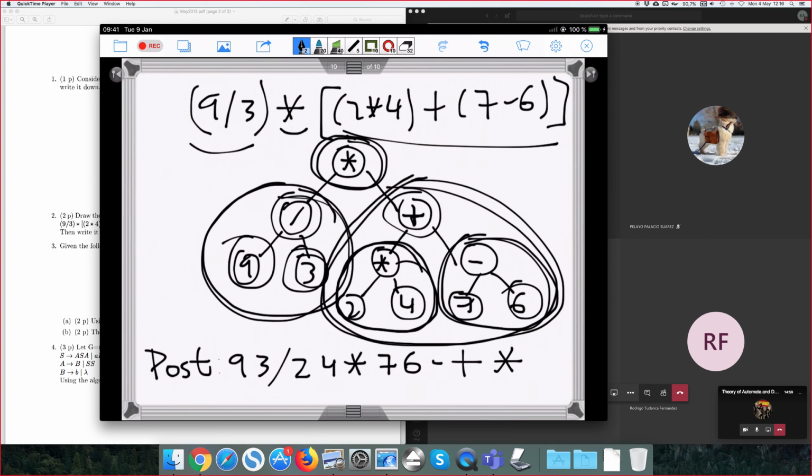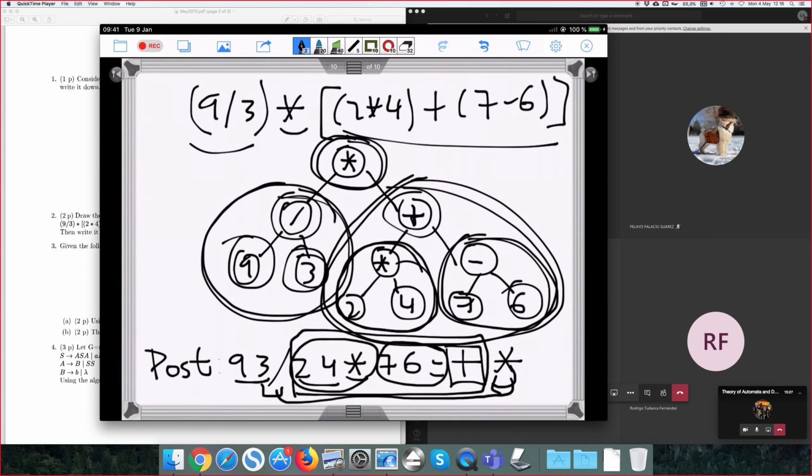Notice that this division goes with these two operands, this multiplication with these two operands, so this is a unit in itself. This subtraction goes with those two operands, then this addition with these two operations there, and finally this multiplication with the addition and the division here.